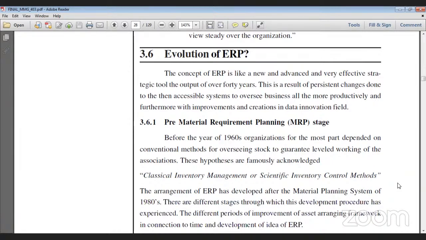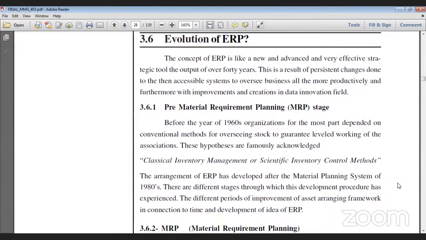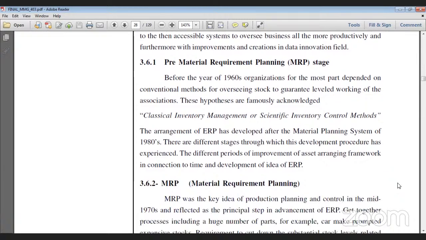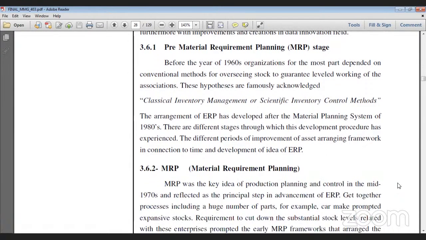The arrangement of this was in 1980. There are different stages through which the development process has to be expressed, different periods of improvement of the planning framework in relation to time and developing the concept of ERP. The next point is material requirement planning, MRP.